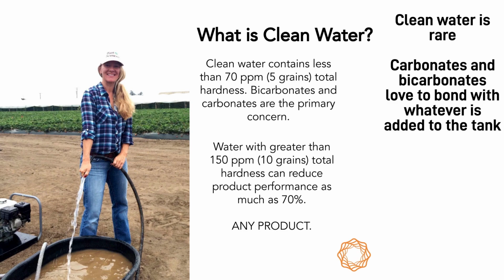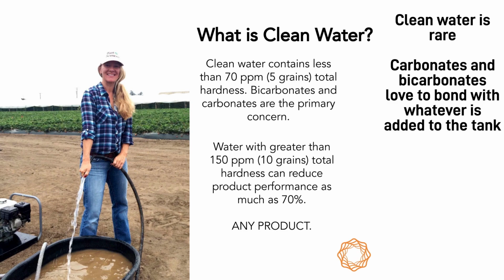So if you're putting on foliar applications with hard water, and by the way, 150 parts per million is not very much. Most growers in the country, greater than 80%, have well water with greater than 150 parts per million of hardness. So you're reducing the effectiveness of whatever product you're putting into the spray tank by as much as 70%.